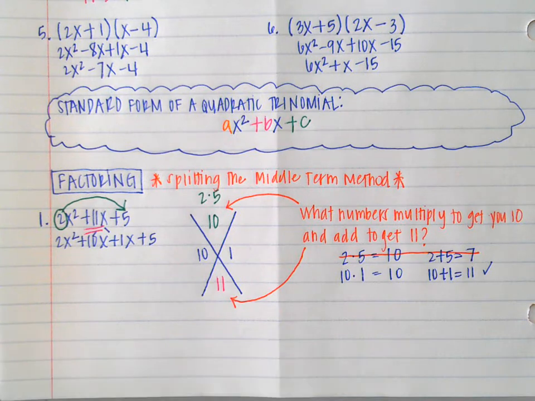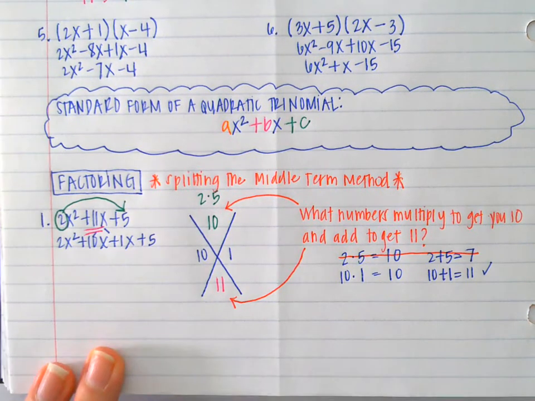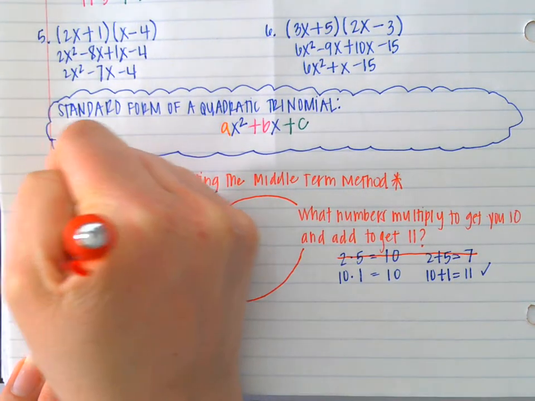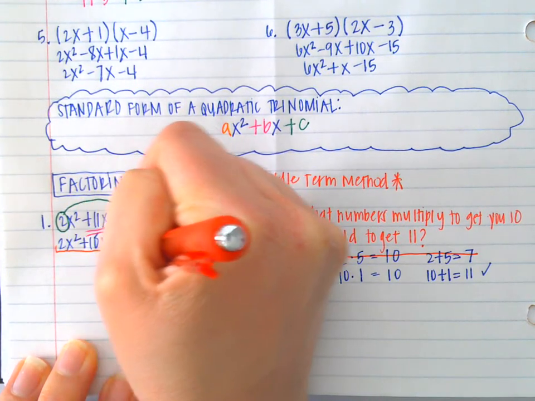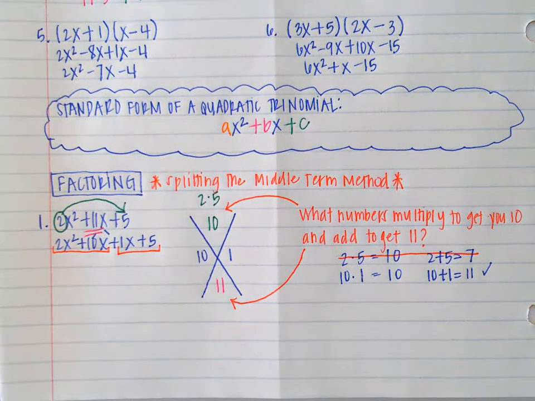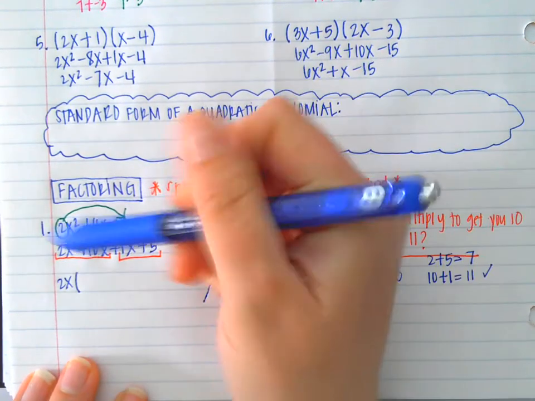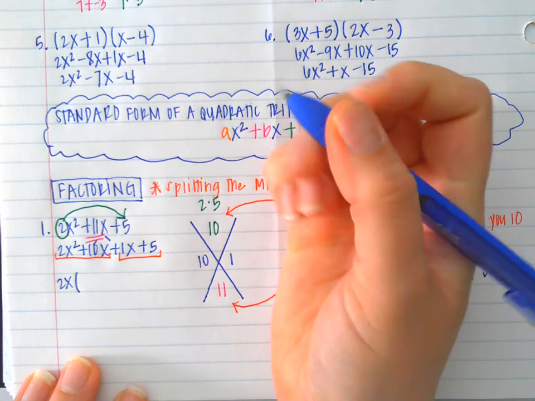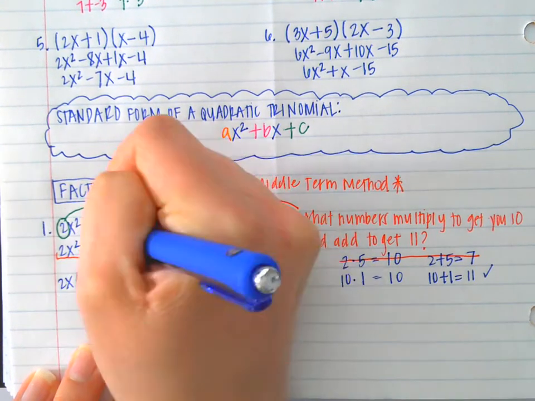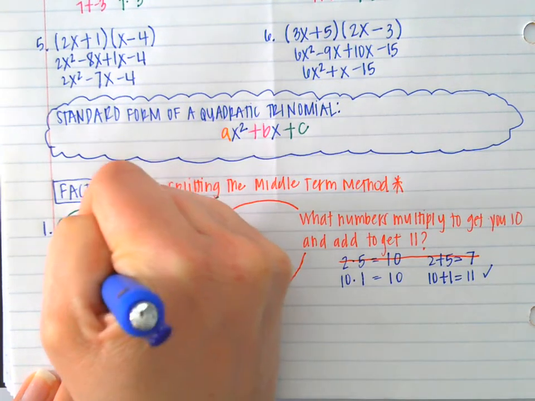So what we're going to do is take it into two groups, just like we do with factoring by grouping. So 2x squared plus 10x, I think about what's my GCF there? Well, I can factor out a 2x, and I'm left with, 2x squared divided by 2x is x, and 10x divided by 2x is 5.